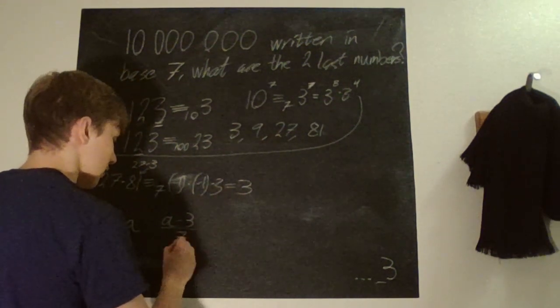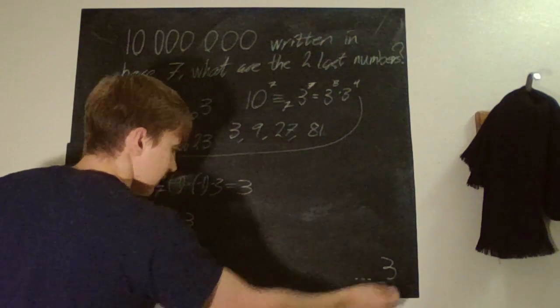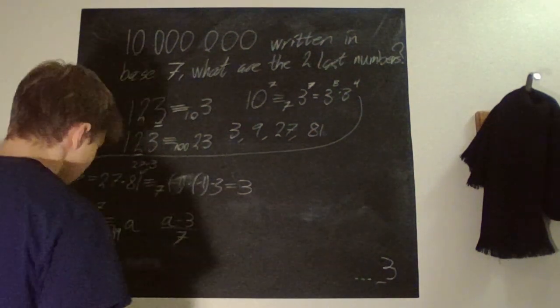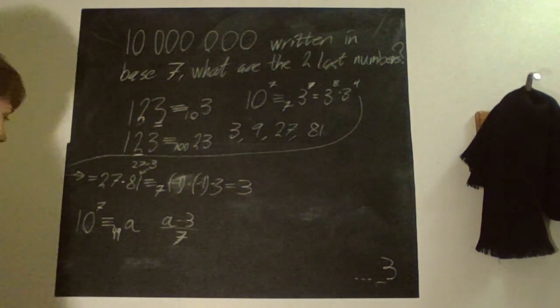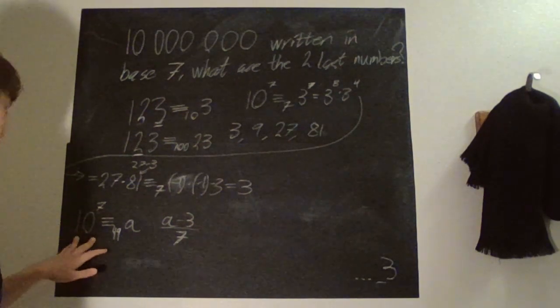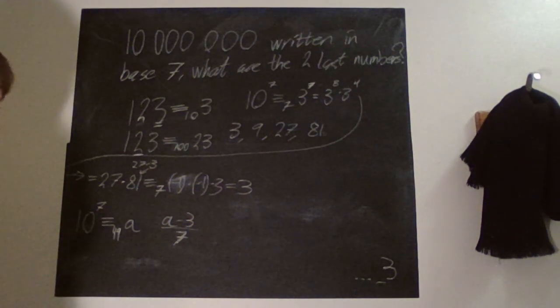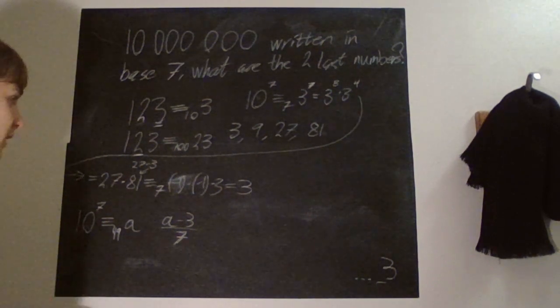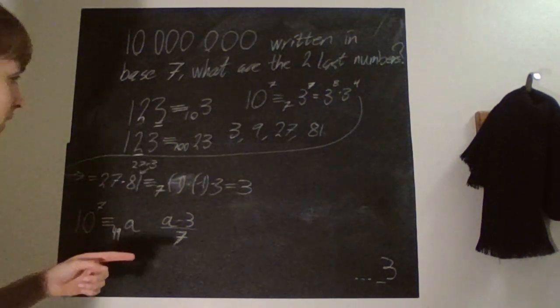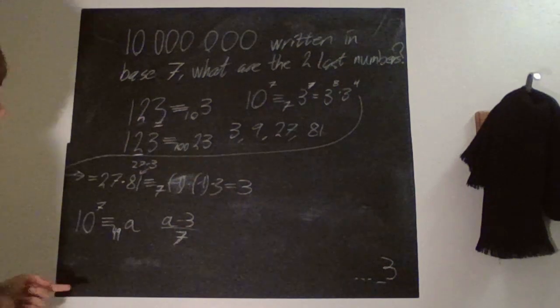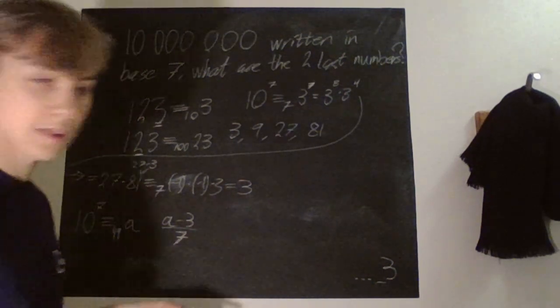That would be our answer for the second last digit. So what the fuck is 10 to the power of 7 modulus 49?